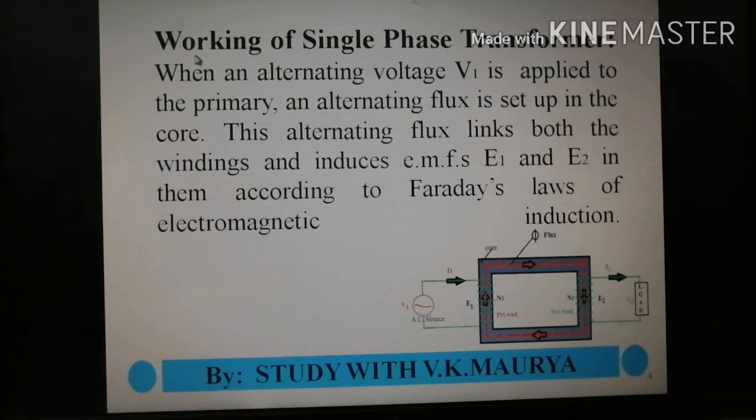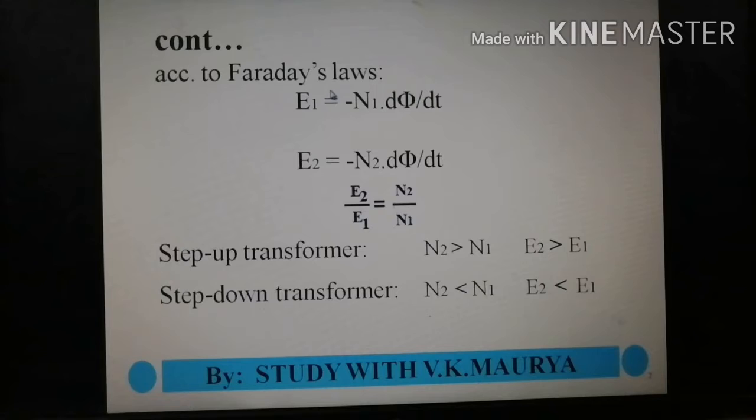Now see the working. When an alternating voltage V1 is applied to the primary, an alternating flux is set up in the core. This alternating flux links both the windings and induces EMF E1 and E2 in them, according to Faraday's law of electromagnetic induction.